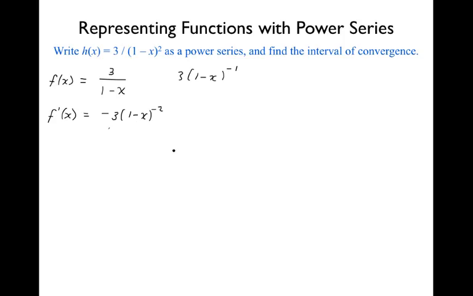And we're done, right? Someone said no. What's that? Need to get rid of it? Am I done with the derivative? Why not? Chain rule, right? Chain rule. Times the derivative of the inside, which is -1.